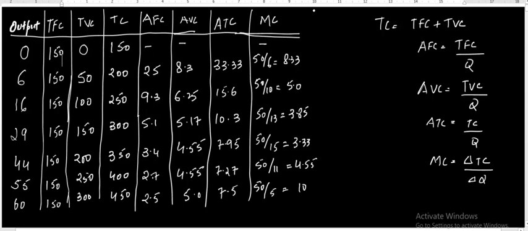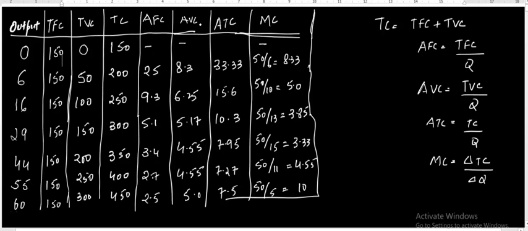In this way we can construct the table in which we can have all the costs included. Total fixed cost, total variable cost, total cost, average fixed cost, average variable cost, and then the average total cost.